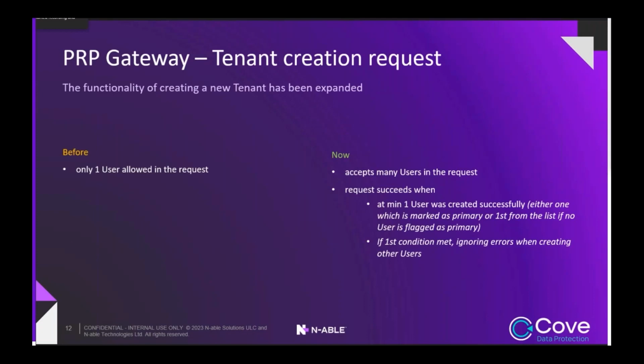PRP gateway tenant creation. You guys aren't going to see this issue very often, although I did see this on my end. You're only using one user at a time to come in and create new tenants and new containers. But we ran into a collision here in a very active dashboard when our API system was creating new users based on new trial accounts. Partners were creating new users and tenants based on their login and their access into the console.